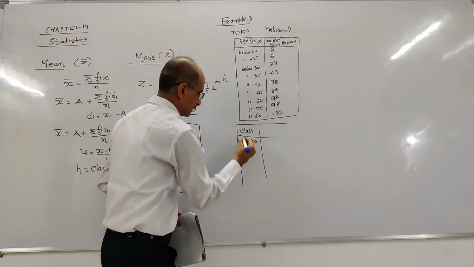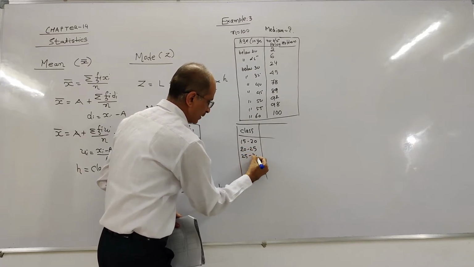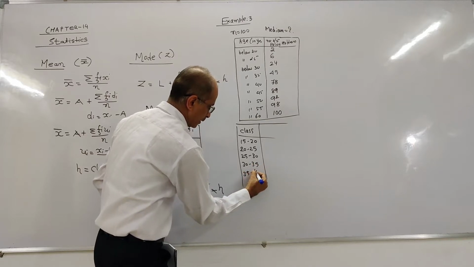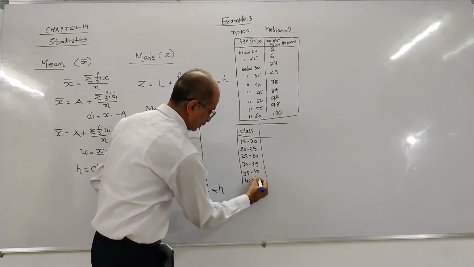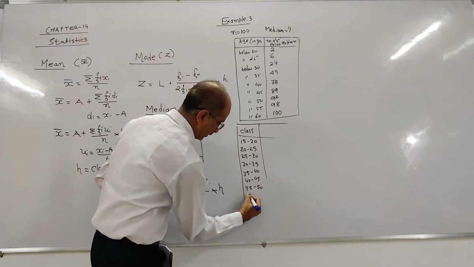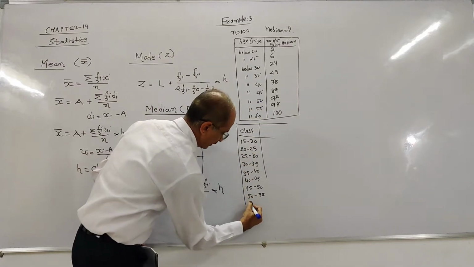So obviously the second class 20 to 25, 25 to 30, 30 to 35, 35 to 40, 40 to 45, 45 to 50, 50 to 55 and 55 to 60.